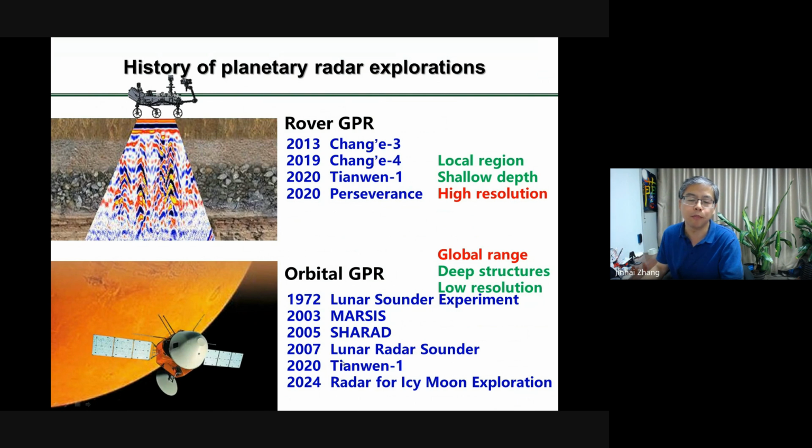For the Tianwen-1 mission, the data is still in processing, and we can't see any reflections. Anyway, it's still running around Mars. So basically these two are active, and Tianwen-1 is active.